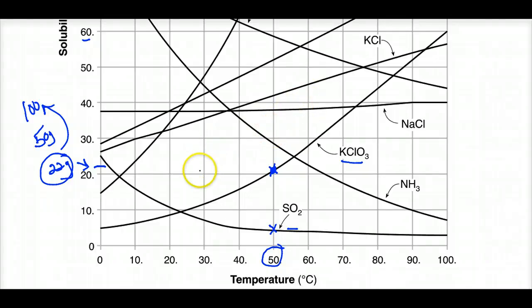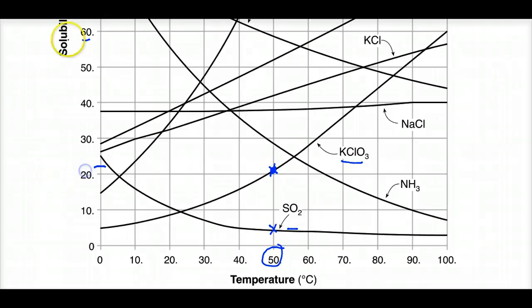Okay? Now, what other questions could you see? There's a whole myriad of questions here, but they're all associated with the three terms. Let's just say I have 10 grams of potassium chlorate in water at 50 degrees. They ask, how many grams do you need to make it saturated? Well, you would just measure that you would need, in this case, 12 grams.